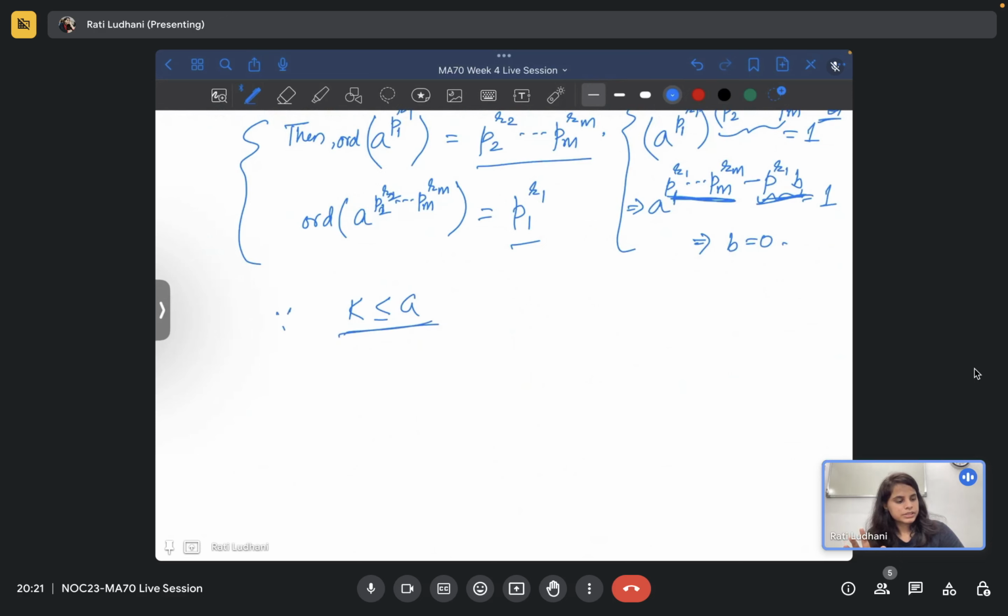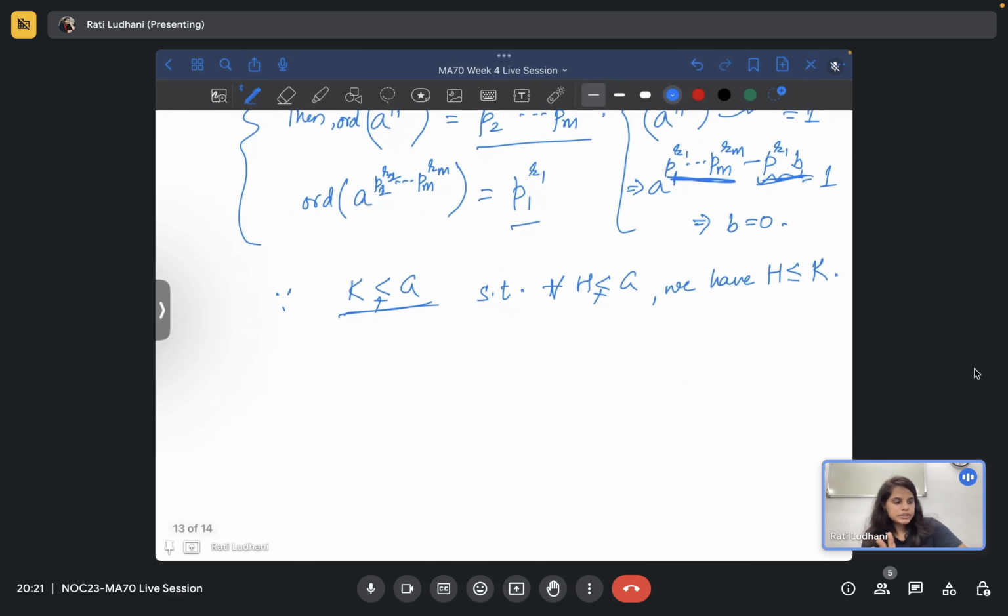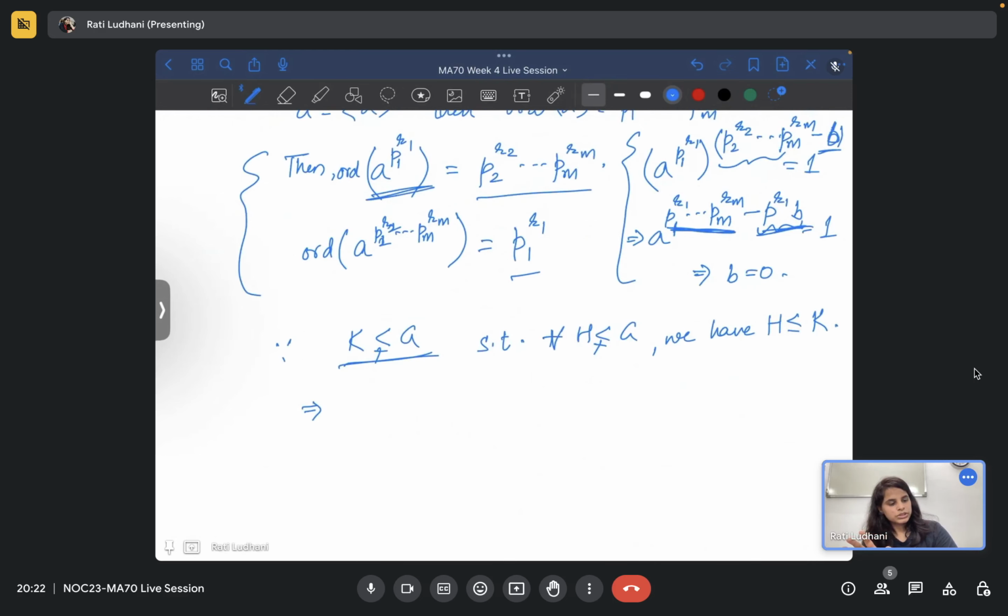Since we have this case such that for all subgroups of proper subgroups of G, we have K, H is a proper subgroup, H is a subgroup of K. Right, we have this condition. This implies, now you know that these two elements, we have this order.